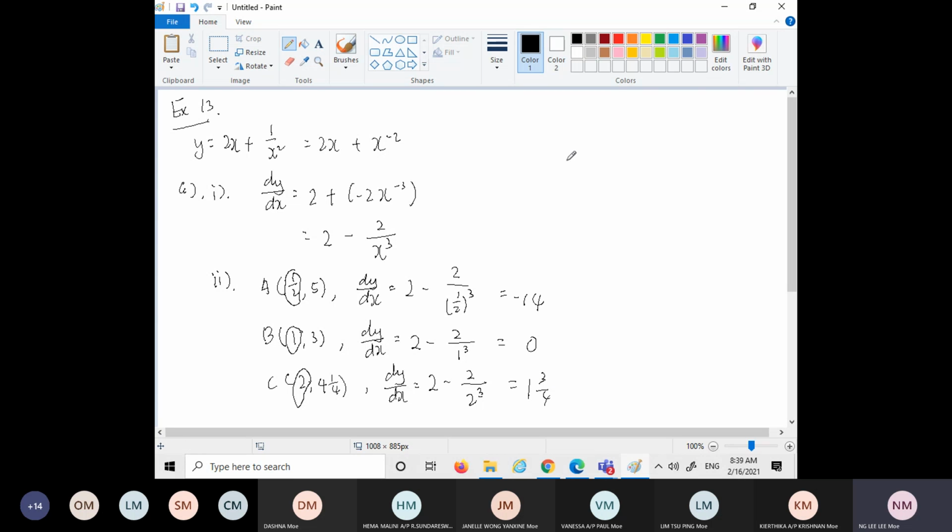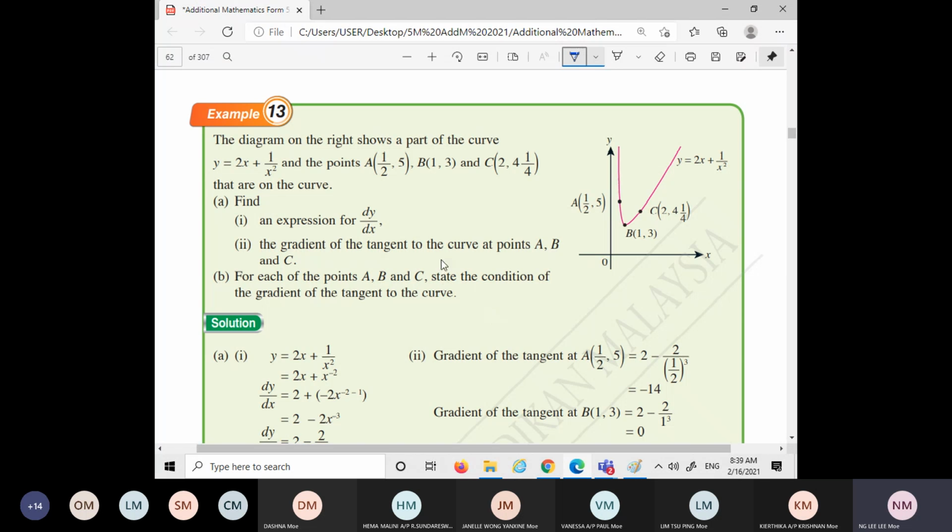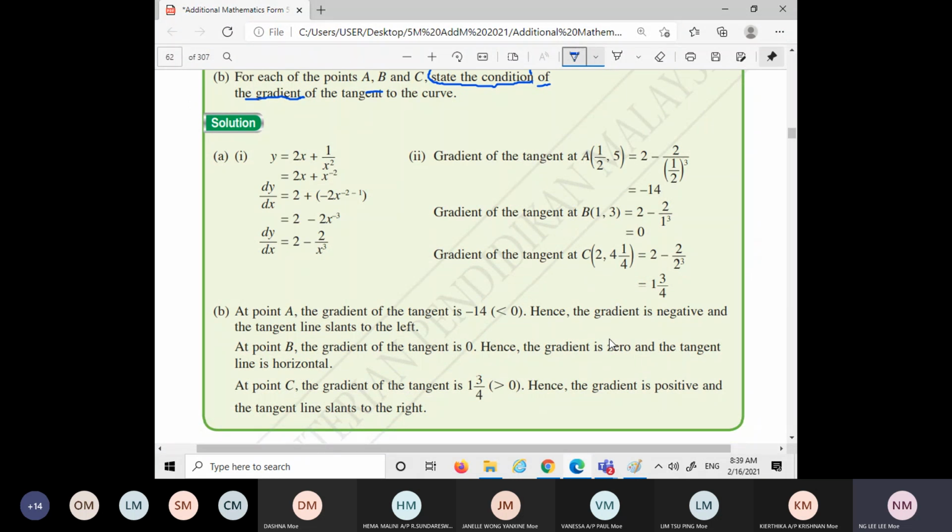Now we come to part B. For each of the points A, B, C, state the condition of the gradient of the tangent to the curve. The keyword here is state the conditions. State the condition of what? Of the gradient. First of all, you see whether it is negative, positive, or 0. For point A, the gradient is negative.